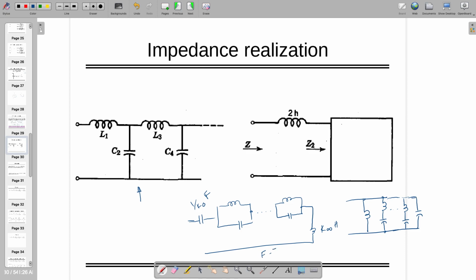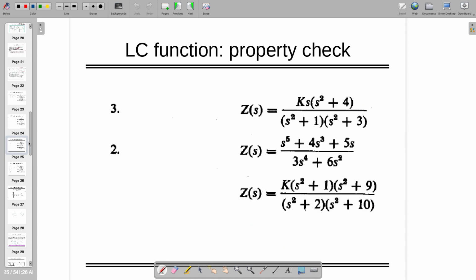This is Foster 1, this is Foster 2. There might be a third technique also through which I can find out this one. You people have tried this one also earlier, if you remember.